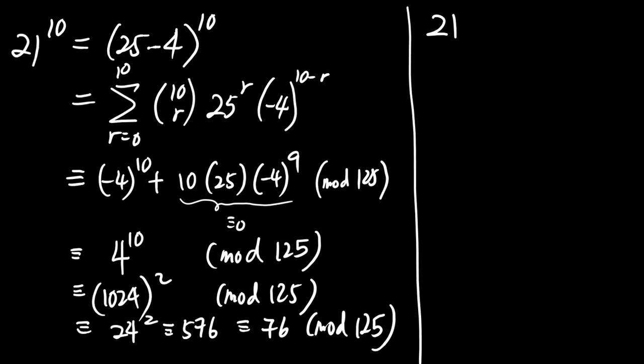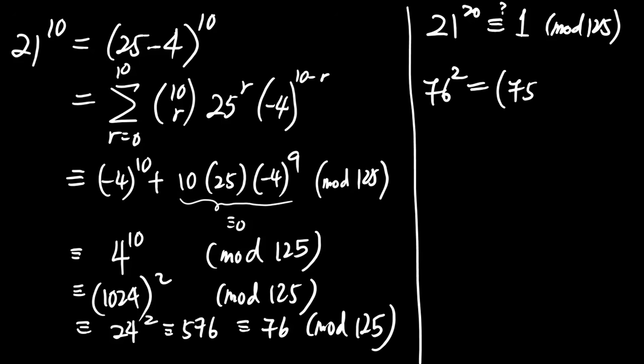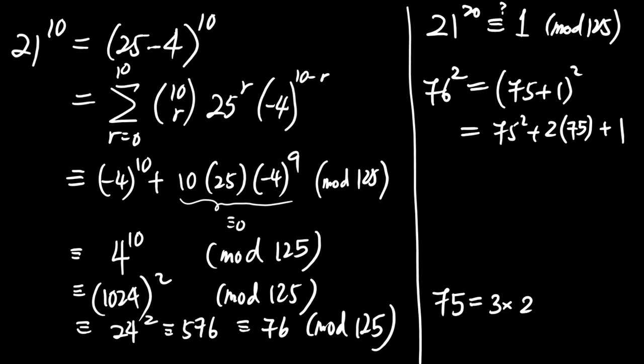We wish to know whether 21 to the power 20 is congruent to 1 mod 125. So we already know that 21 to the power 10 is congruent to 76. So 76 squared equals 75 plus 1 squared. And that is 75 squared plus 2 times 75 plus 1. 75 is 3 times 25, so 75 squared is congruent to 0 mod 125.